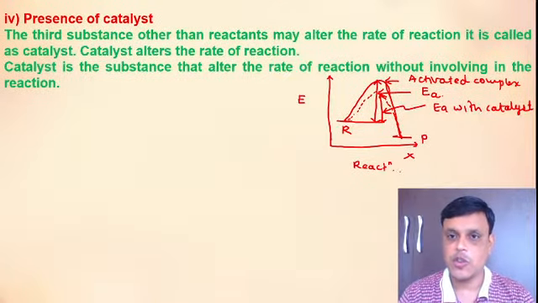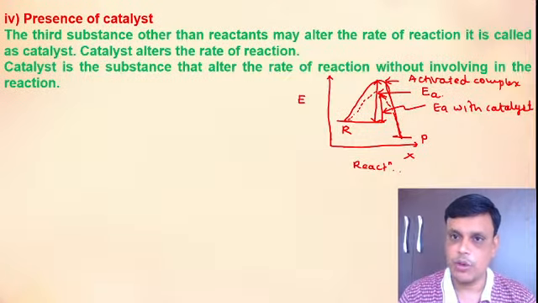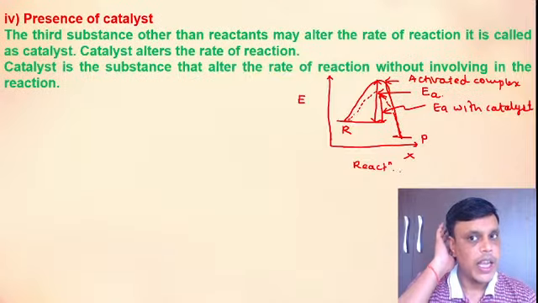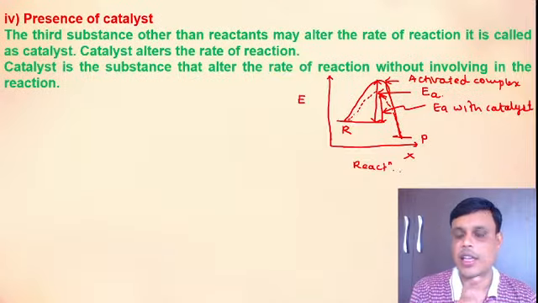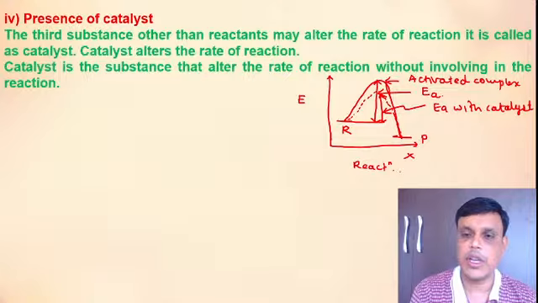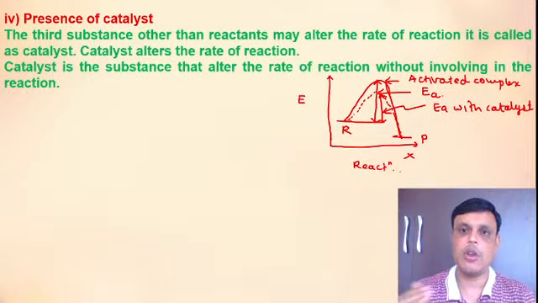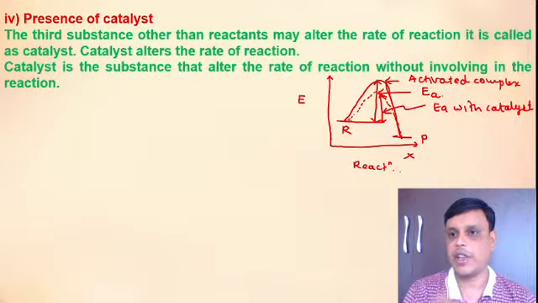So in the presence of a catalyst, the energy of activation is low, and I have told you the energy of activation is inversely proportional to the rate of reaction. If the energy of activation is high, the rate of reaction is low. If the energy of activation is low, the rate of reaction is high.